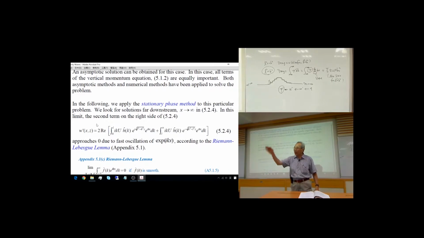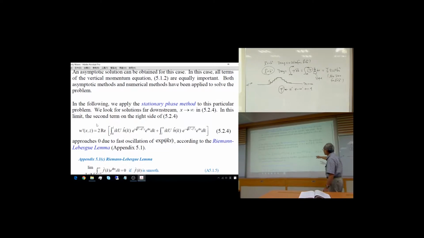Before, for the sinusoidal mountain, we only had one single k. But now we have many k's, because this is an isolated mountain, and an isolated mountain is composed of many waves with different wavelengths.